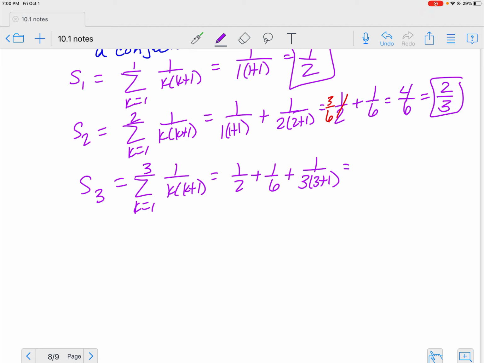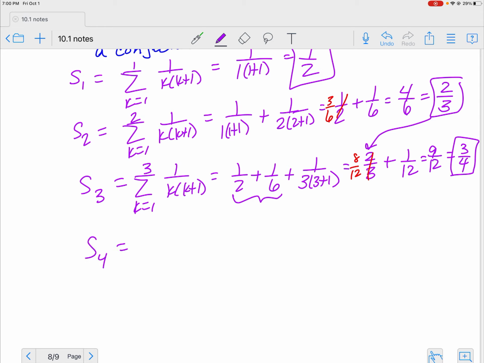So I've got 1/2 plus 1/6, which we know these together are going to be 2/3 plus this next term. So 3 times 4 is 12. Then again, with that common denominator, if I make this over 12, I've got 8/12 plus 1/12 is going to be 9/12, which reduces to 3/4.